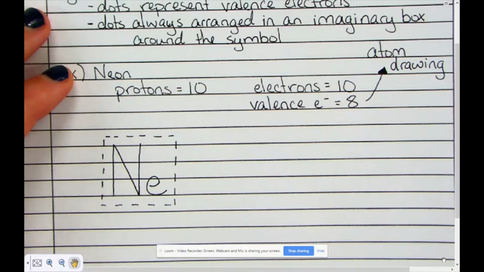And how many valence electrons does neon have? 8. So how many dots do I need? 8. So the way that I usually do this is I usually go around in a circle and then just fill in as I need to.